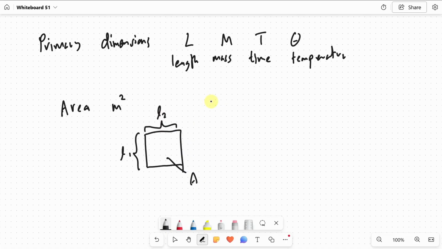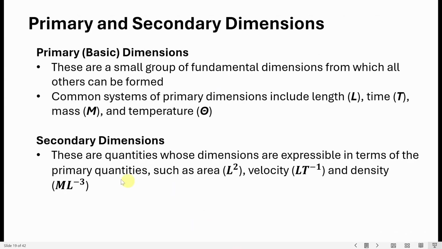So it means that the secondary dimension is L squared. Area is L1 times L2, so the unit will be meter square. This is the secondary dimension of area.